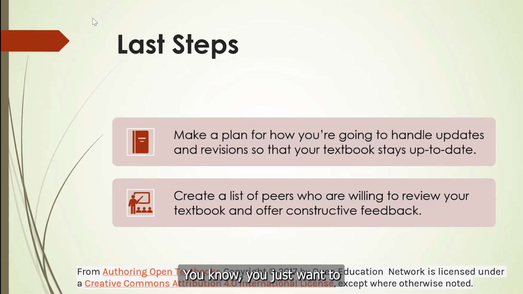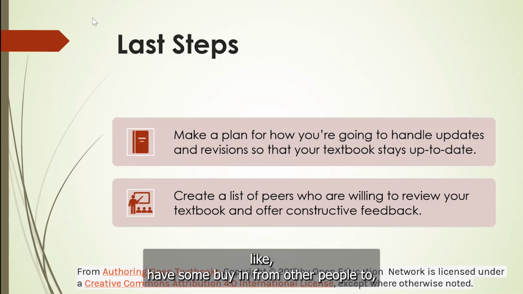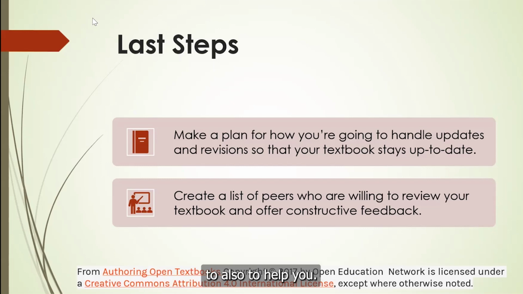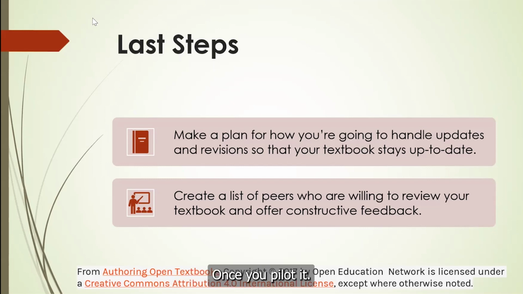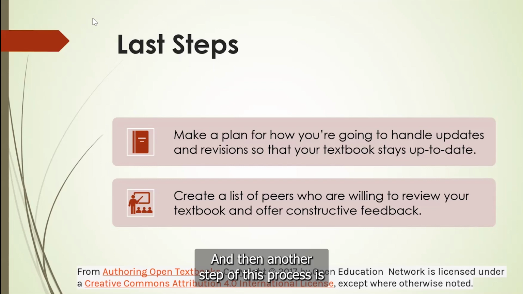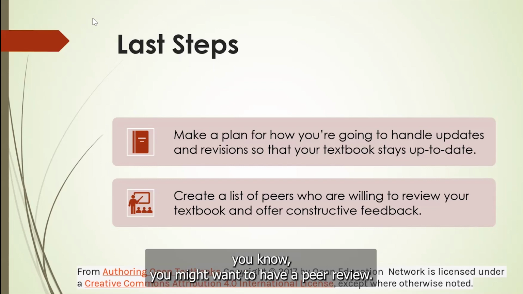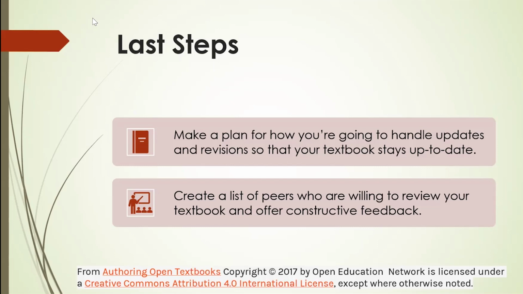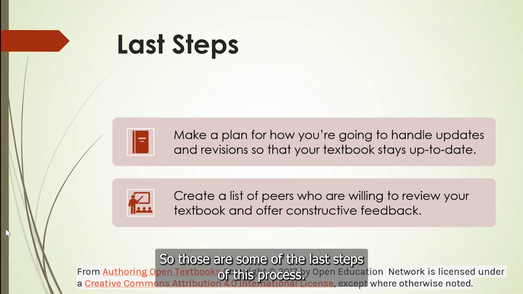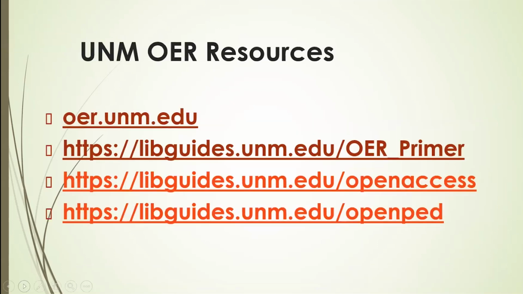You just want to have some buy-in from other people to help you think about how it should be revised later on once you pilot it. And then another step is thinking about a peer review. So create a list of peers that are willing to review your book and give you feedback. So those are some of the last steps of this process.